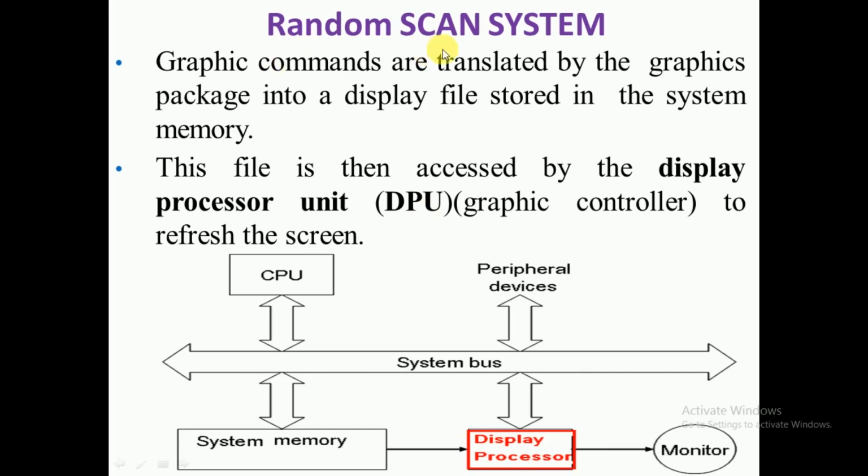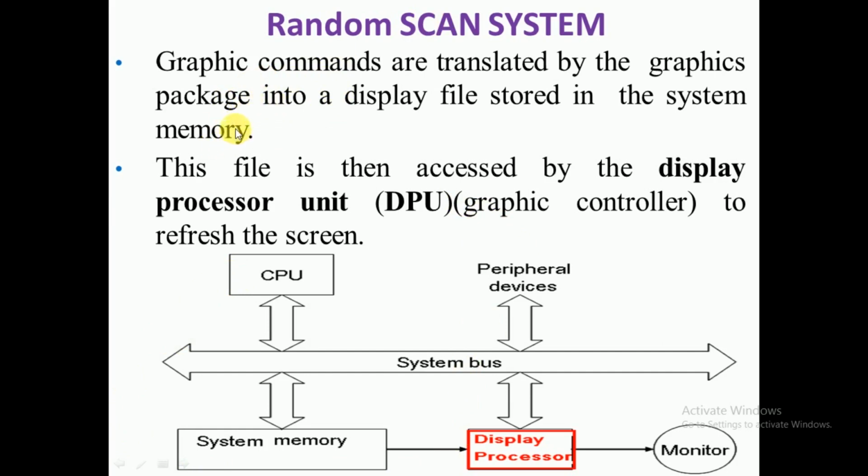Then the random scan system. How will the random scan system work? In a random scan system, graphics commands are translated by the graphics package into a display file stored in the system memory. The display processor will take input as a program, and that program will be executed every time.